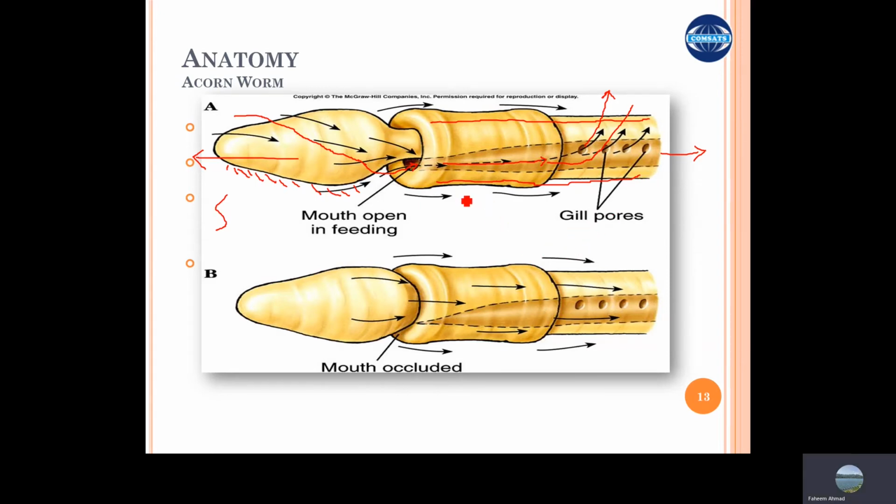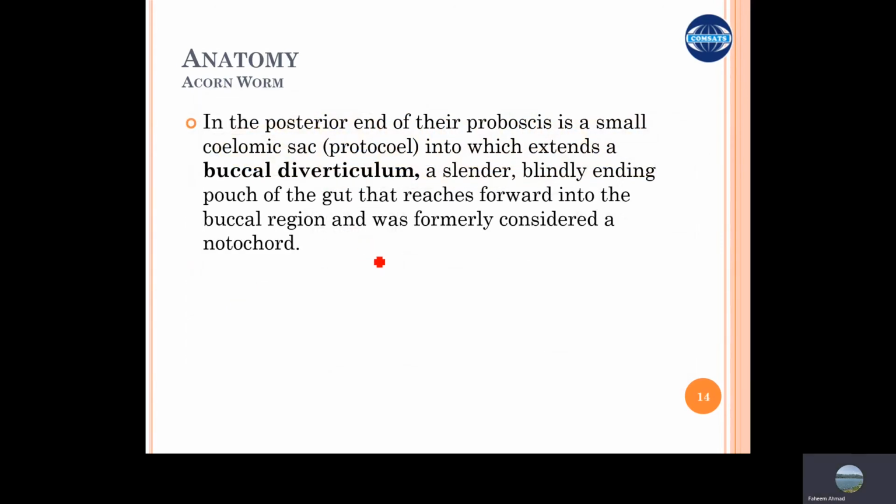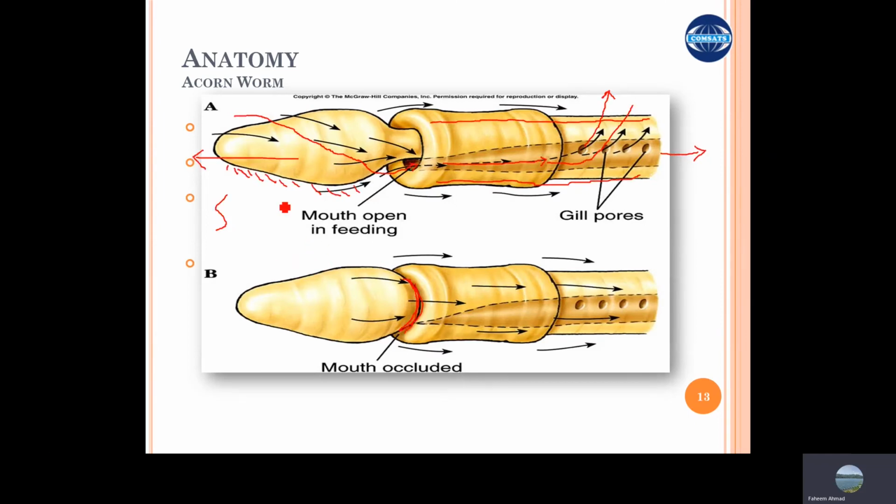When the animal does not want to feed, it just retracts its head or proboscis back to block that opening, and the mouth is closed, right? So this is the mechanism of feeding. Now the question is how do they bore into that sand, which is relatively harder?